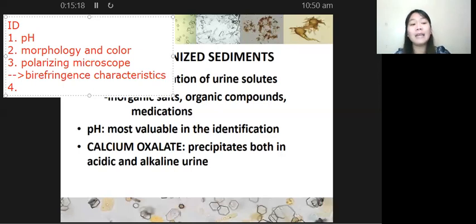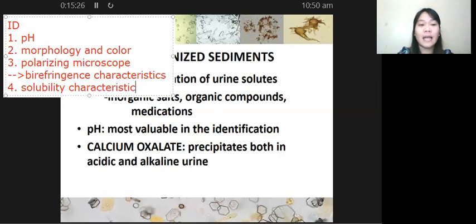Okay, and then lastly, we can also resort to the solubility characteristics of your crystals. Okay? So again, in instances when you are not sure of the identity of a particular crystal, so pwede din nating basis ang solubility characteristics.